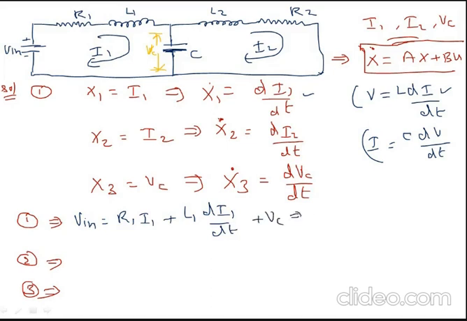So from this expression I can write dI1 by dt is equal to Vin divided by L minus R1 by L into I1 minus 1 by L into Vc.